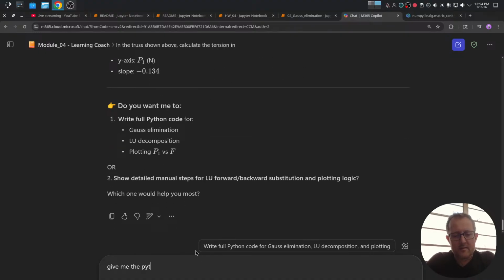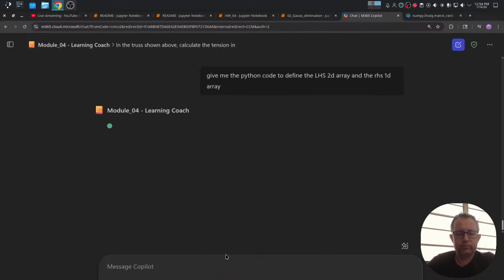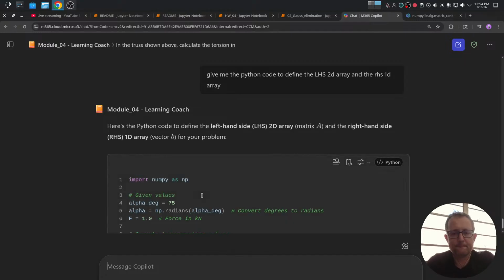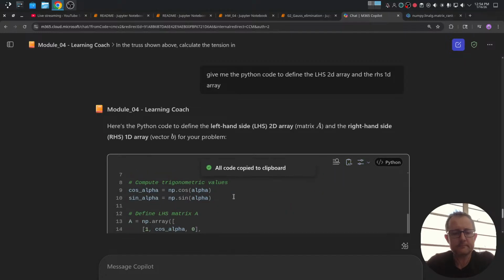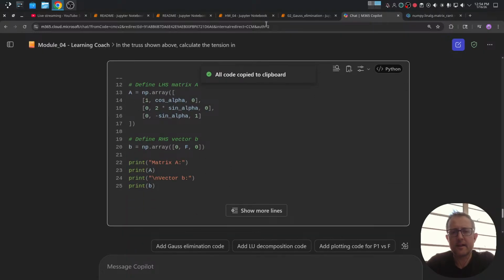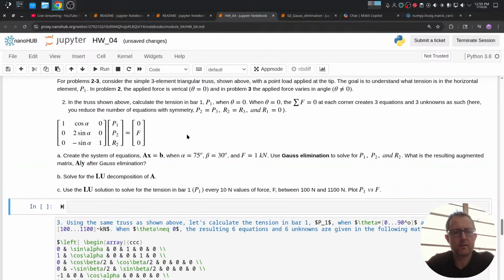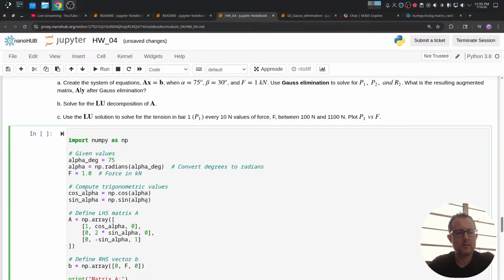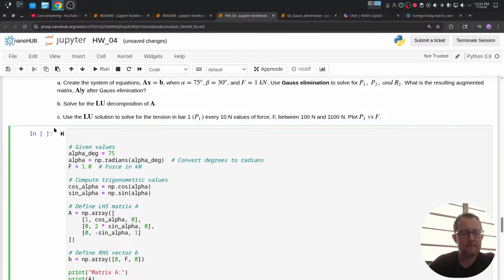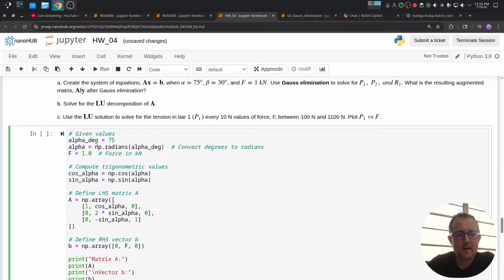Give me the Python code to define the left-hand side array and the right-hand side 1D array. Oh my god, it keeps importing NumPy. Oh, the radians.